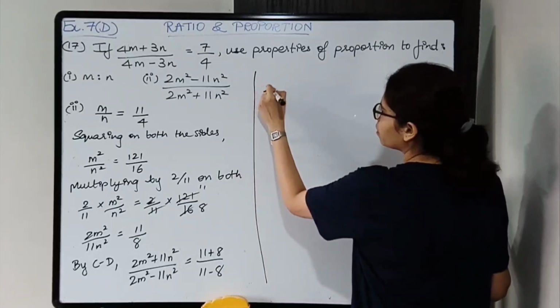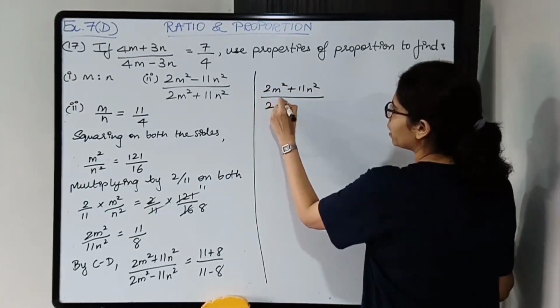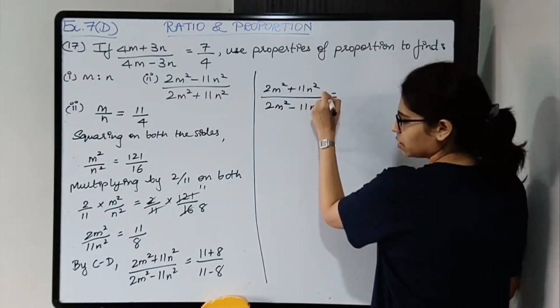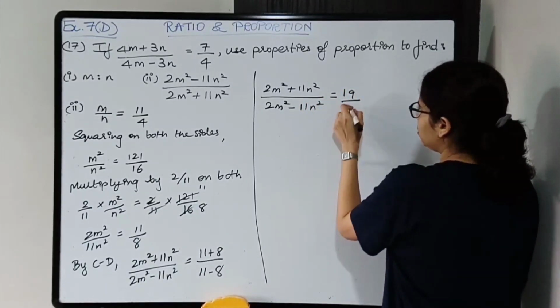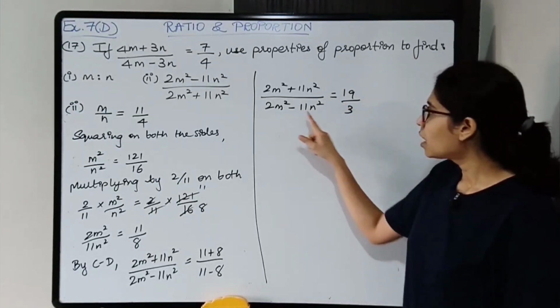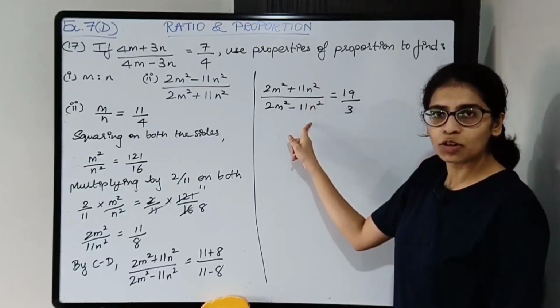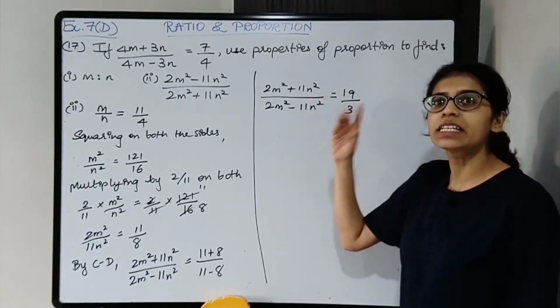So 2m square plus 11n square upon 2m square minus 11n square is equal to 19 upon 3, right? Now I need this in numerator and this in denominator. So what we'll do, we'll take reciprocal, that is invertendo.